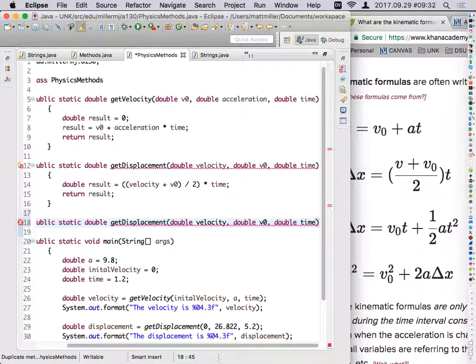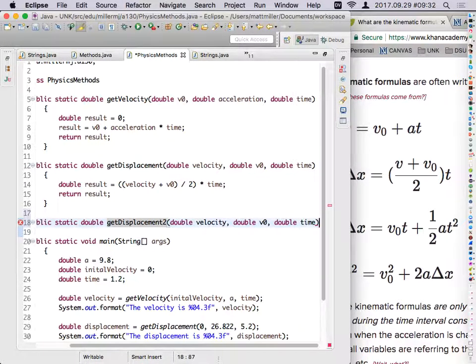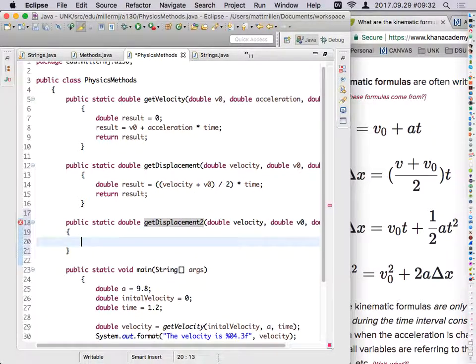Okay, we'll be very creative, right? You can name it whatever you want. Right, it says displacement, but this one is get displacement given acceleration, right? Okay. Given A. Okay, so we have in this one, we have V0, right?